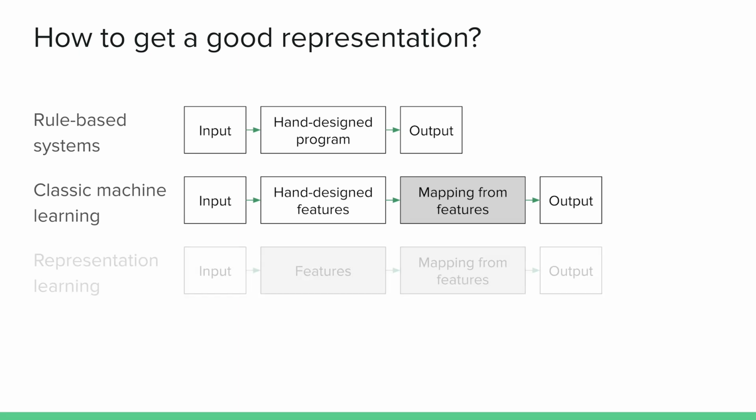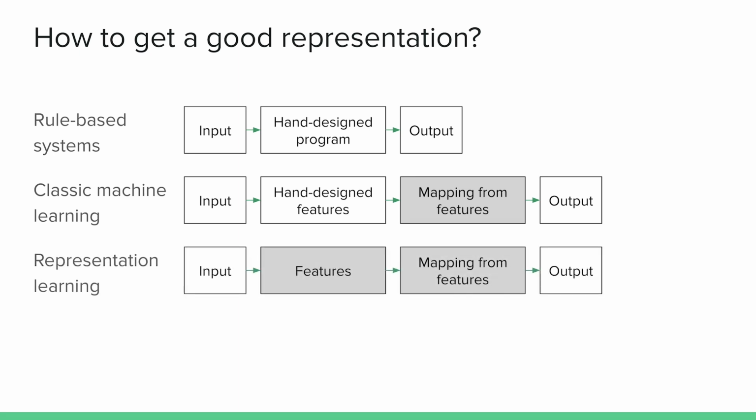That's classical machine learning. And when we now talk about representations, we want these features that are being used to map to the output not to be hand designed by someone who's thinking about, oh, I think maybe edges and colors are important here, but we actually want the machine to automatically extract meaningful features by itself.